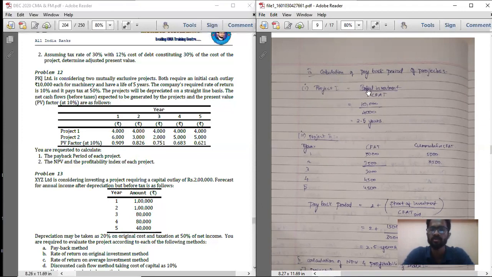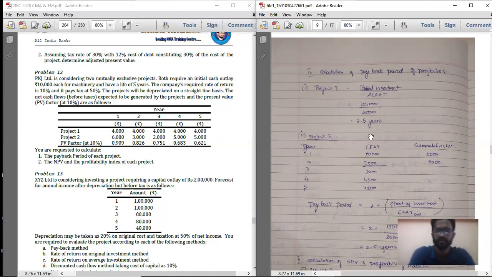What is the initial investment here? 10,000. And what is the annual CFAT we found for the first project? That is 4,000. So 10,000 divided by 4,000, you are getting 2.5 years. So project 1, 2.5 years.